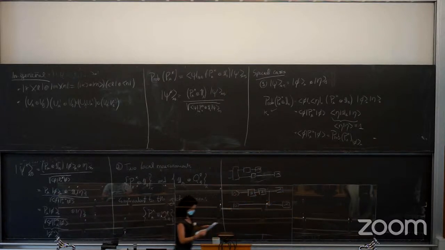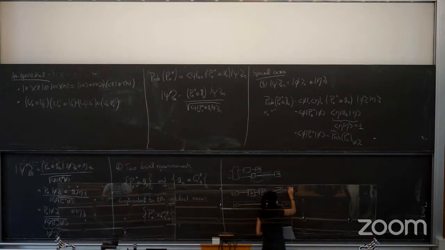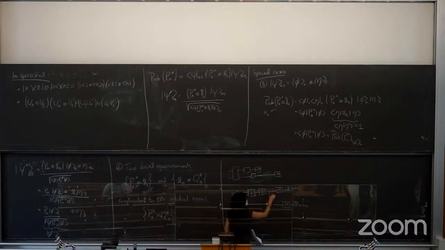Let's say they both measure in the Z basis. And we remember the state here was (|00> - |11>) over square root of 2.